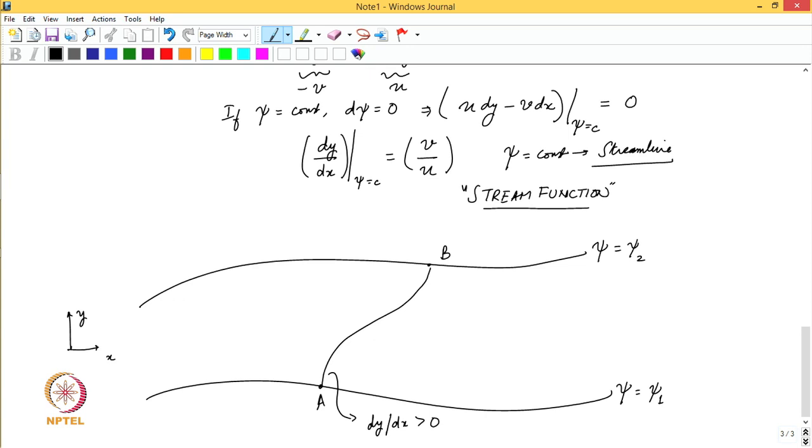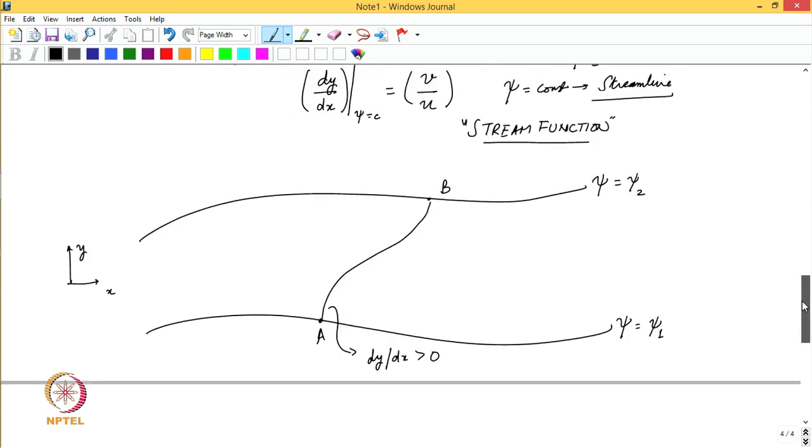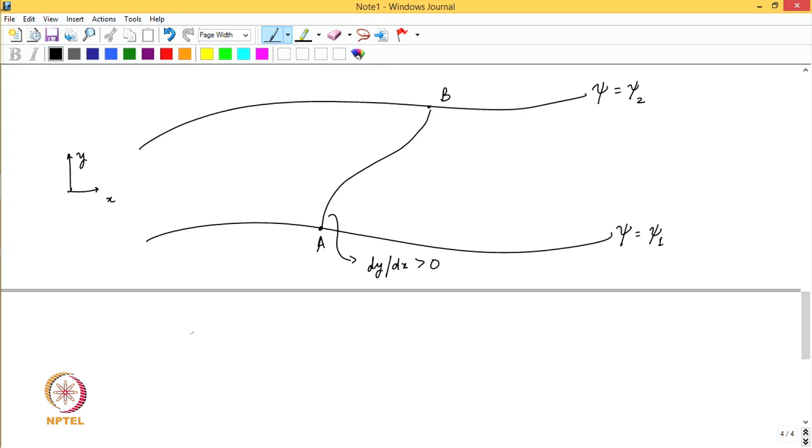Okay. What we want to determine? We want to determine the following quantity. We want to know what is the flow rate across this line AB, and that would be given by this function q. And let me now show you what q is.